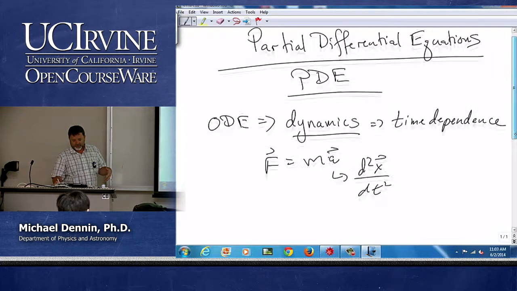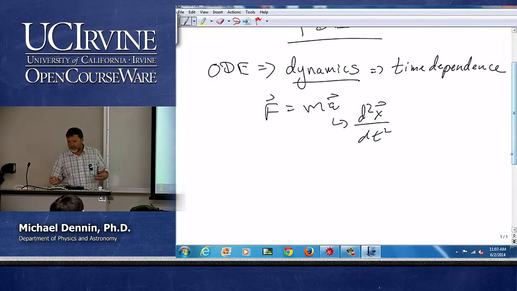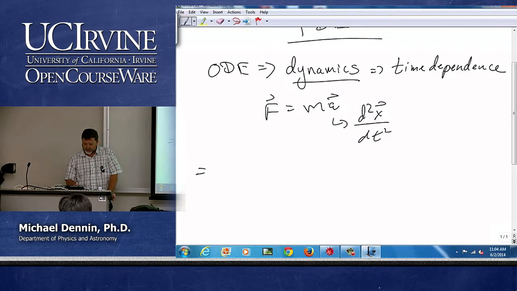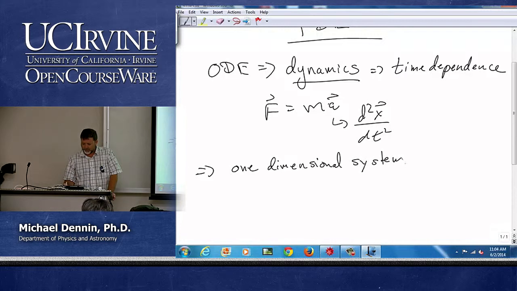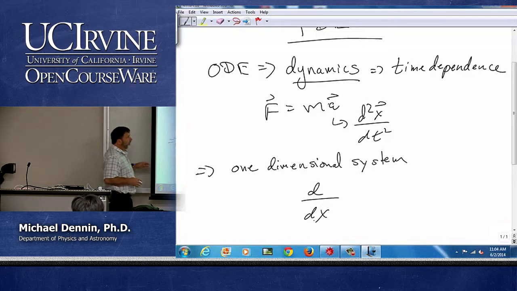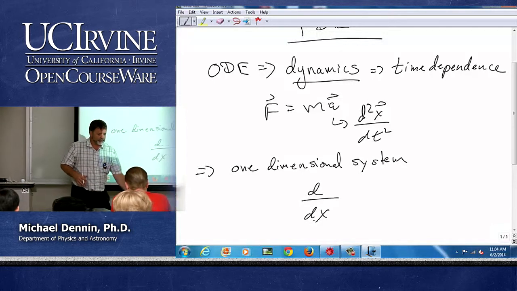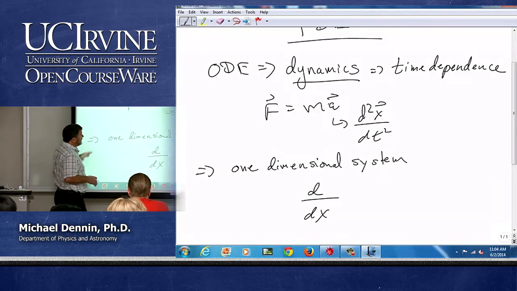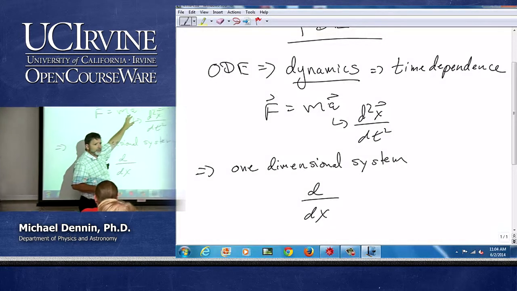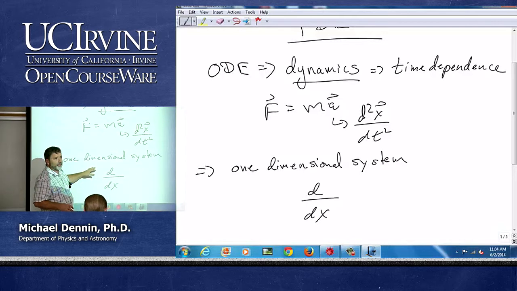The one other place the ordinary differential equation will come up is if you're just looking at a one-dimensional system, because then, of course, you have only one spatial derivative, and we might as well call it x, d by dx.